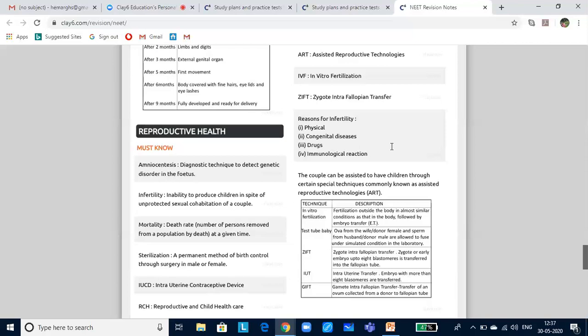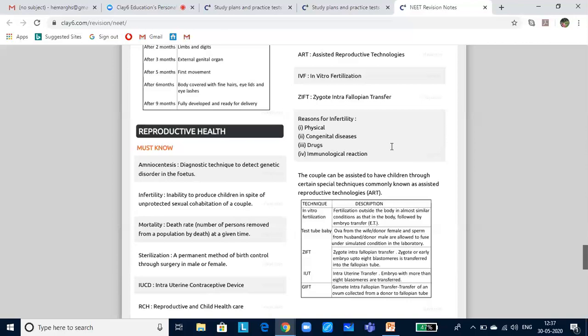That was the reason why amniocentesis was first introduced into the field of gynecology. But later on, they also started looking for the sex of the child, and then they tried to abort the female child. That is the reason why amniocentesis is now done only to detect genetic disorders in the fetus.